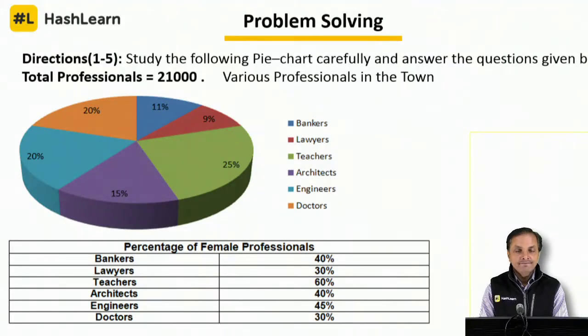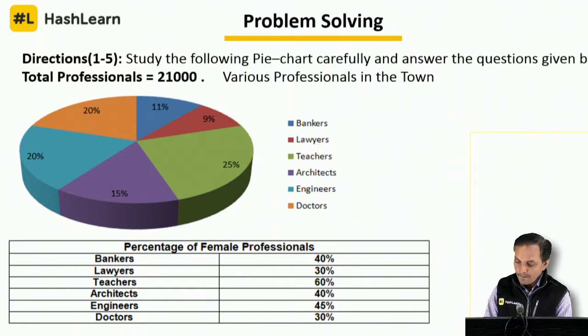Here is the information which is given. A sectoral graph is also called a pie chart, and there is a pie chart given and below that there is data of female professionals in the form of columns and rows.